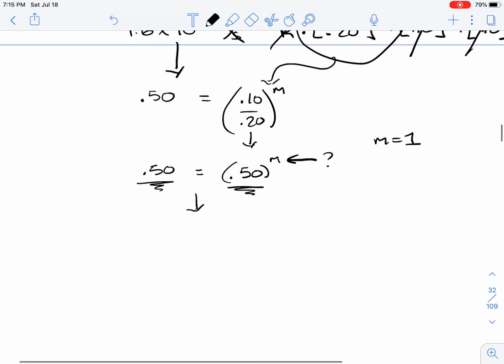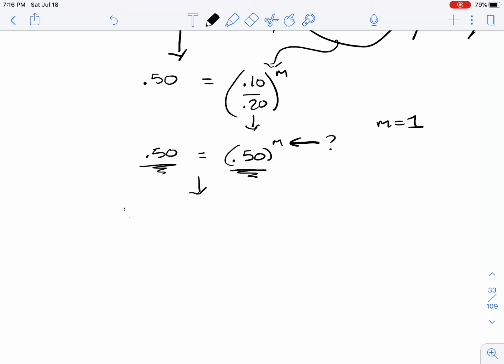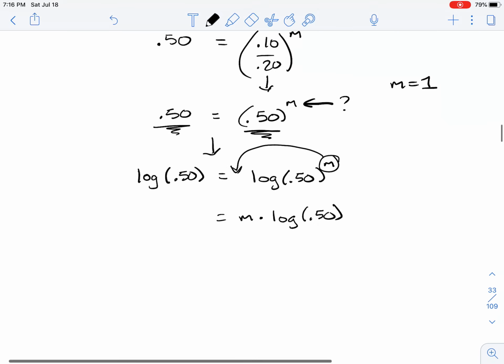But if we were to take the route in which we use properties of log, then we're going to write log of 0.50 is equal to log of 0.50 raised to the m power. And that's going to allow us to use the properties of log to move that exponent in front of it. And so we would have m times the log of 0.50.